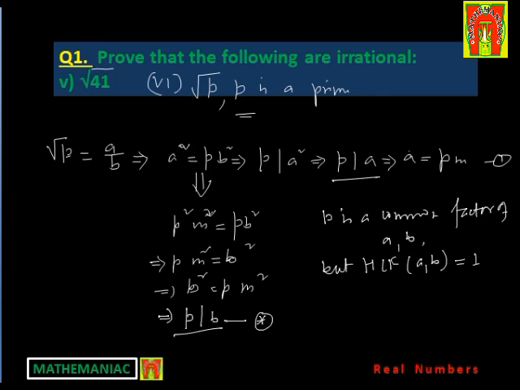That means this is a contradiction. So as we have concluded, this contradiction will lead you to conclude what? Just think. It will simply lead you to conclude that your supposition was wrong. That means root p must be irrational. Okay. So once you go through this, if you find any problem, please do let me know.